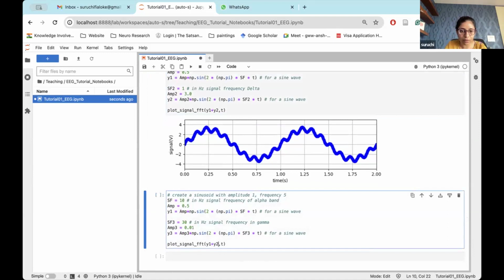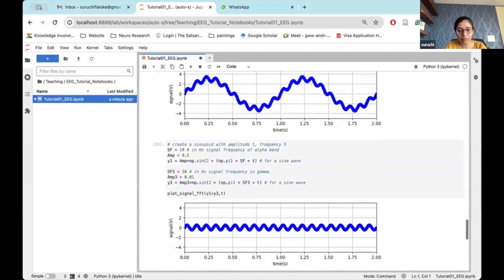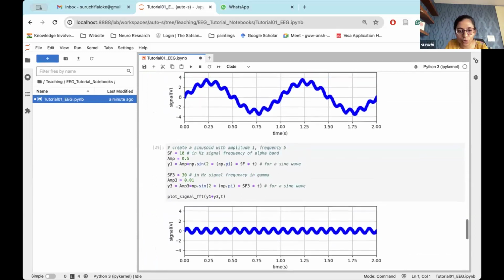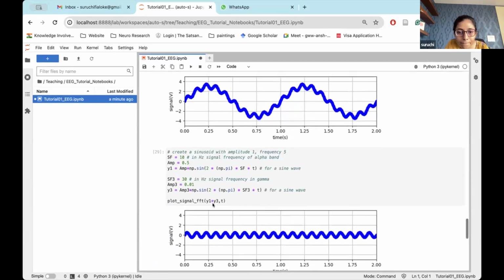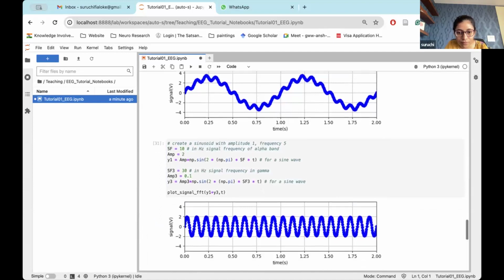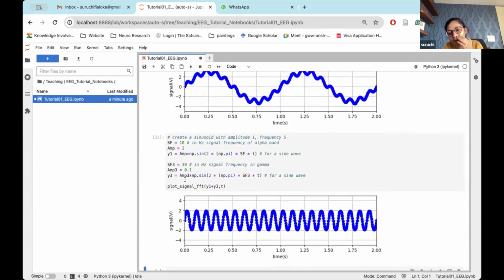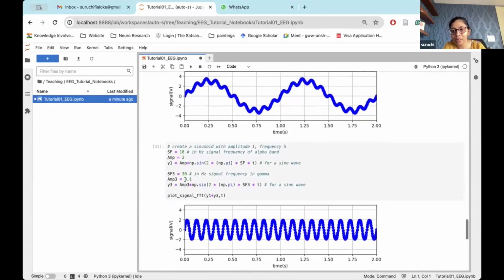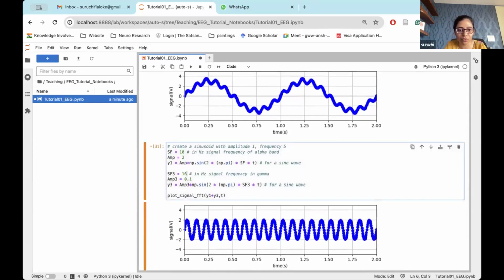Y1 plus Y3. It's too small to see. Yeah, you can't see it. You need an even better sampling rate to see gamma. That's one of the problems. So alpha and beta you can see, you can make it 16 or something.